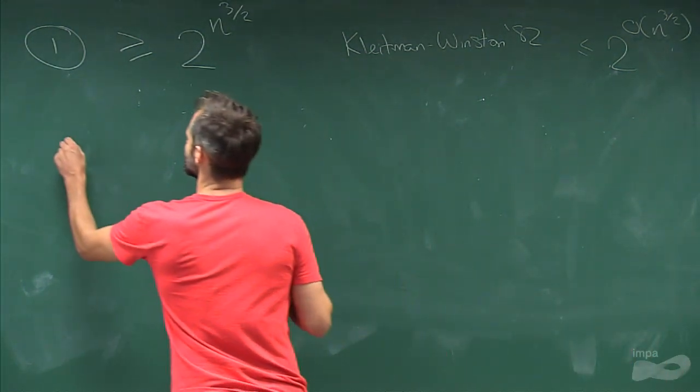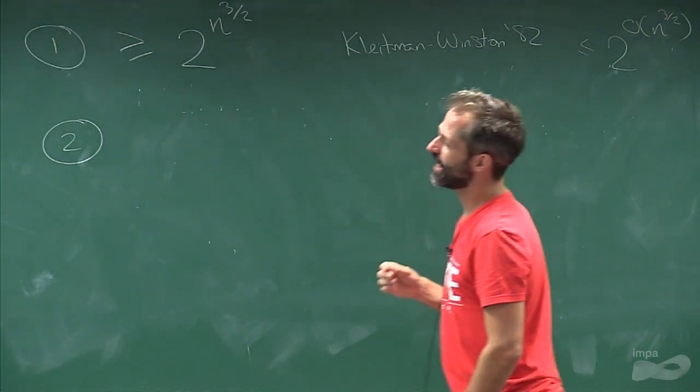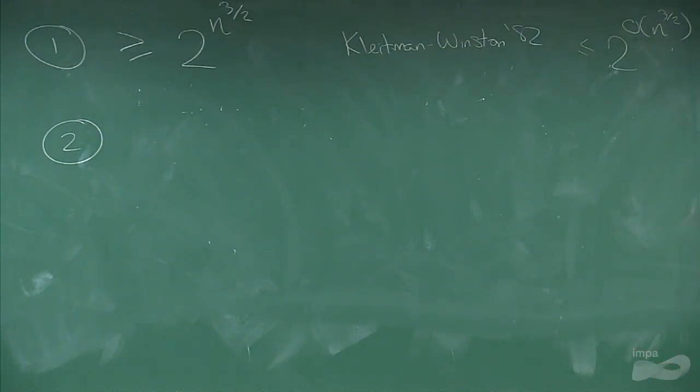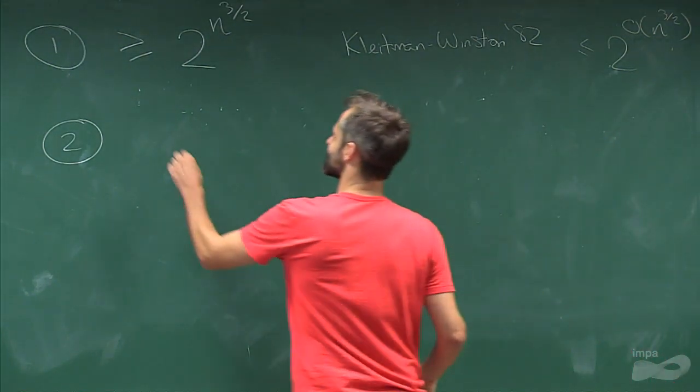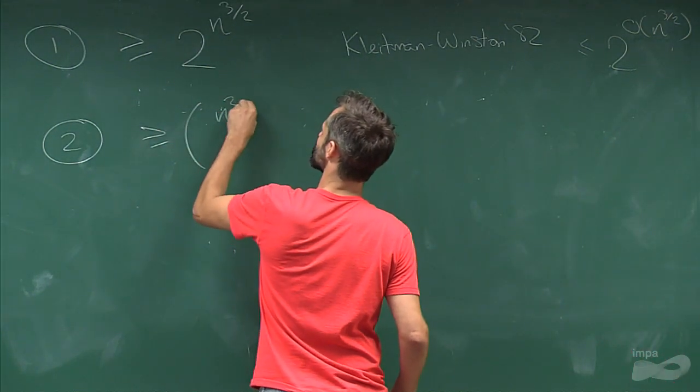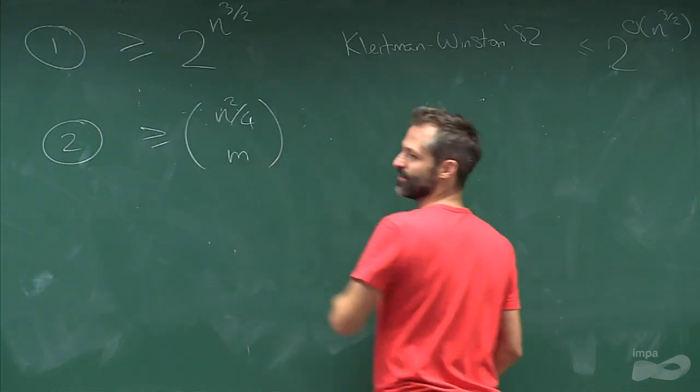Okay, number 2. How many triangle-free graphs with m edges are there? Give me a construction. Yeah, right. There's at least (n^2/4 choose m).